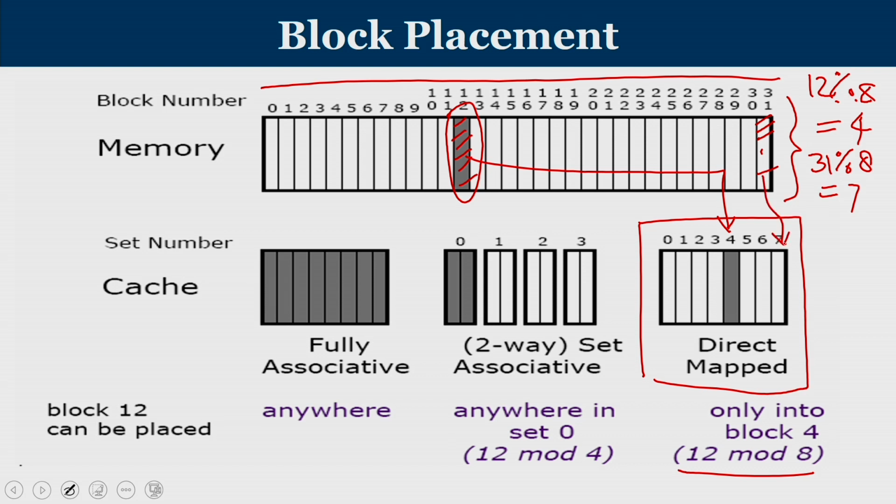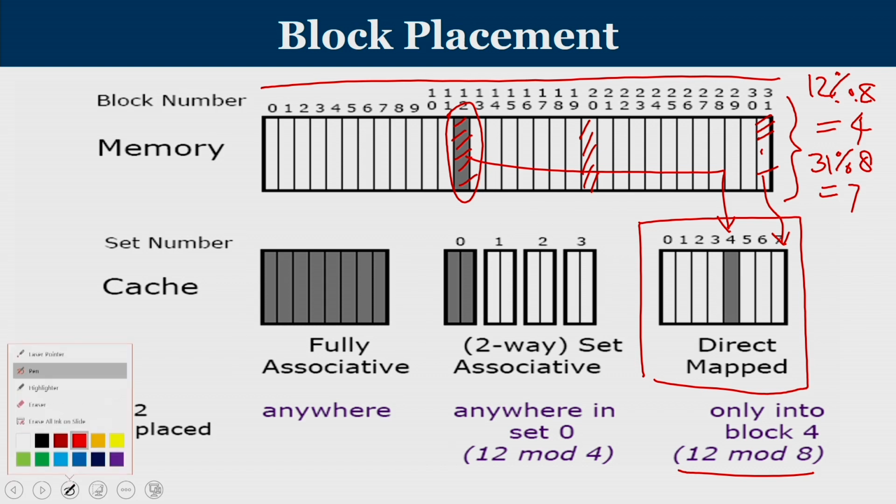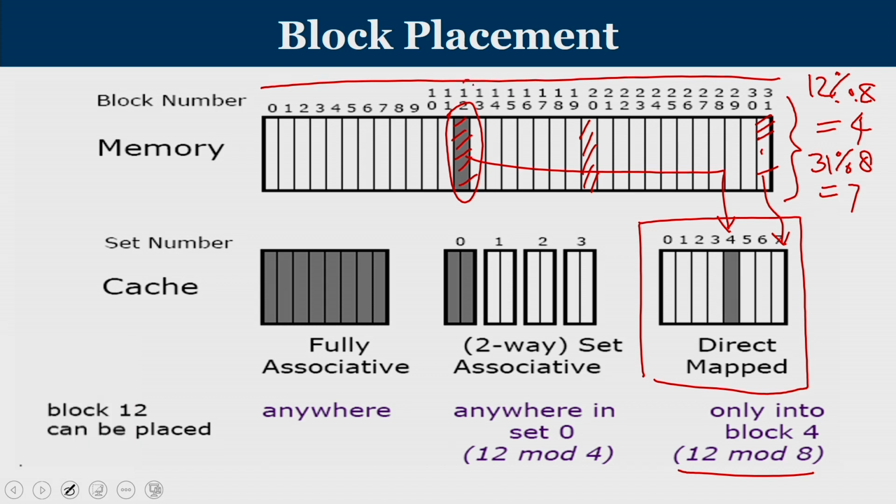The problem here is, let us imagine I am going to bring 20 also. So 20 mod 8 is 4. 12 mod 8 is also 4. So now we are talking about 2 addresses, block number 12 and block number 20, both mapping into the same location 4. That means the contents of block number 12 and block number 20 in the main memory cannot coexist in the cache.